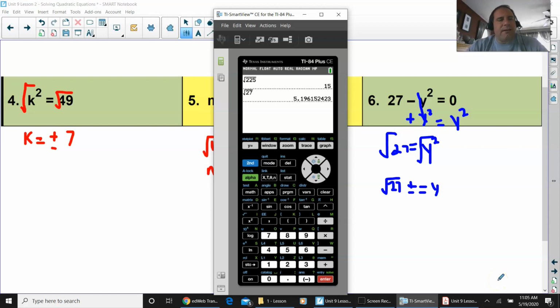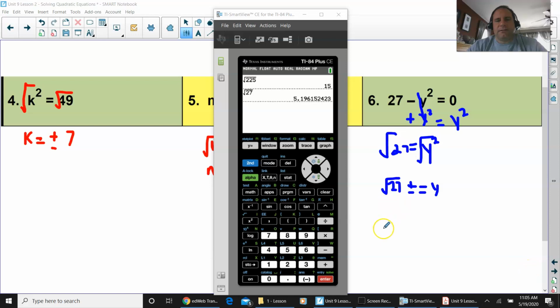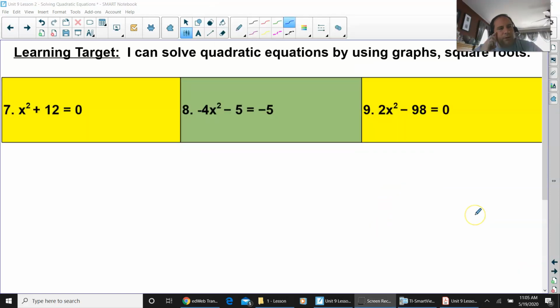Either you would round it to a positive 5.2 maybe, and then a negative 5.2, but I would just leave it right there, and it's just much easier right here, like that, with the square root of 27. Okay, so go ahead and try 7, 8, and 9 on your own, and we'll come back with those answers. Press pause now.